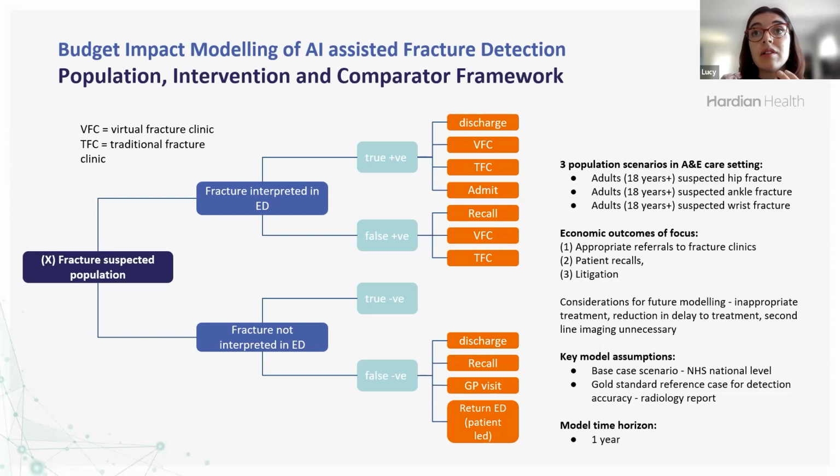But then looking at the implications of those false negatives and false positives is where we are hitting a block. And so again, this is really where we see the need in terms of data collection to support the economic evaluation of software devices and digital health technologies, particularly in the radiology space.